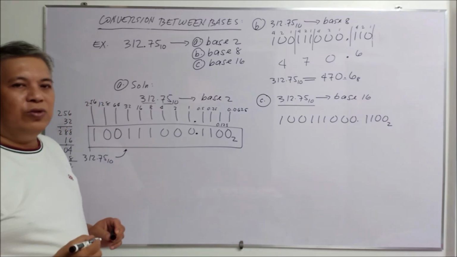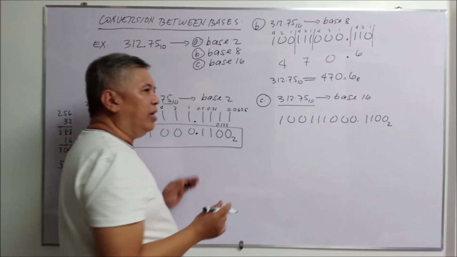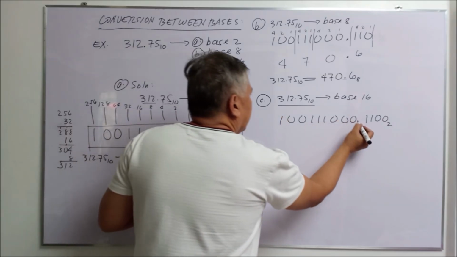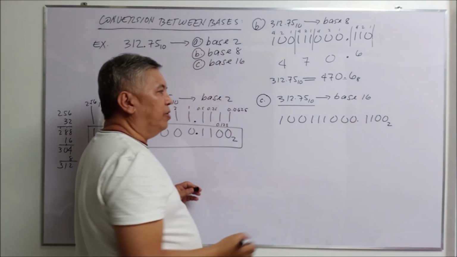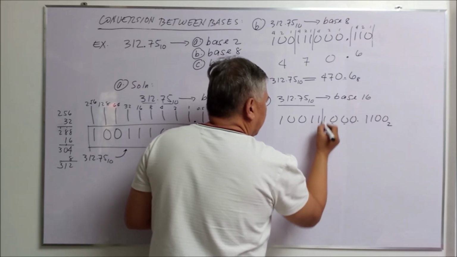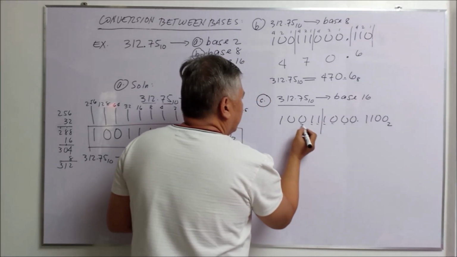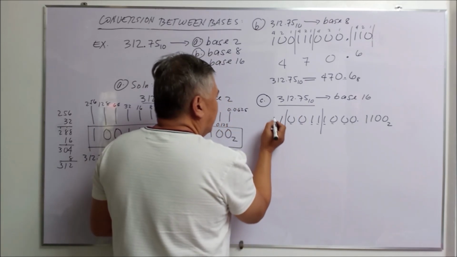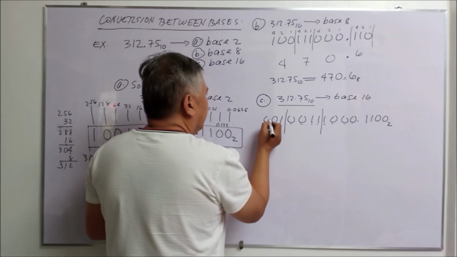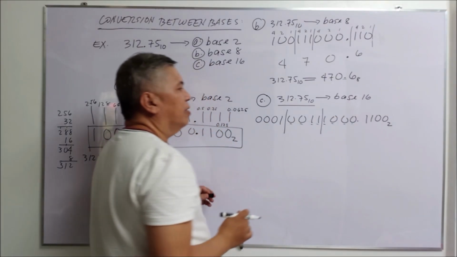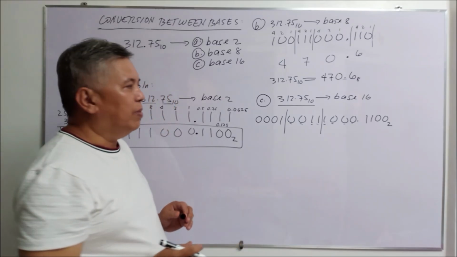To be converted to base 16, again, 4 digits, from right going to the left, that is, before the binary point. So you have 1, 2, 3, 4, boundary. 1, 2, 3, 4, boundary. You can add zeros here to make the number of digits per boundary square.